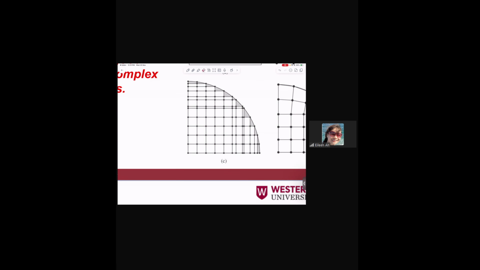We cannot really create a curve or a very closed shape as the real shape. We may have to use some shapes like this, or this, or this to match the shape. But they are not the rectangular element, right? They are still quadrilateral four-node elements, but not rectangular elements.